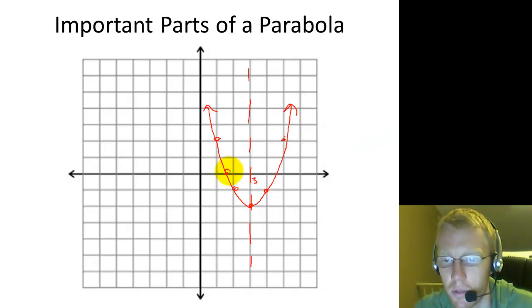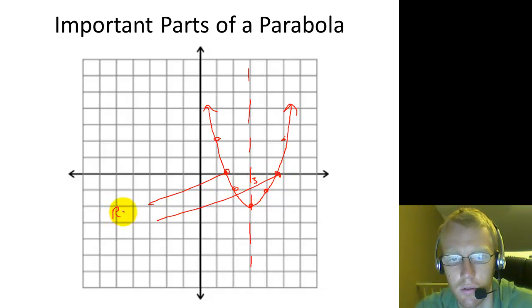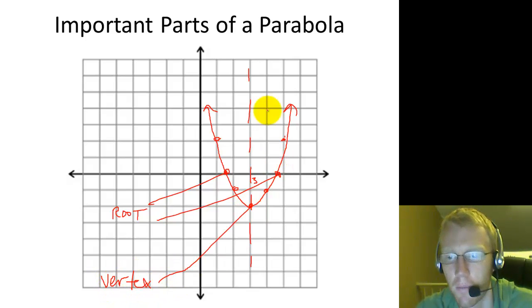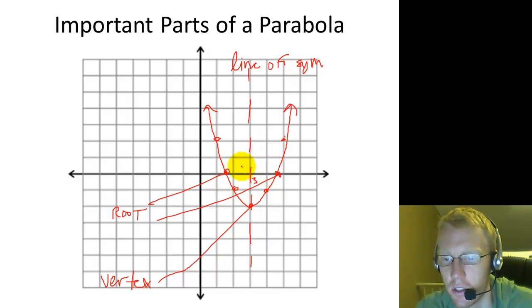So the two roots would be right here and right here, and our vertex is right here. So this is a root, and this is a root, just to help you visualize on a real parabola. This right here is the vertex. This right here is the line of symmetry.